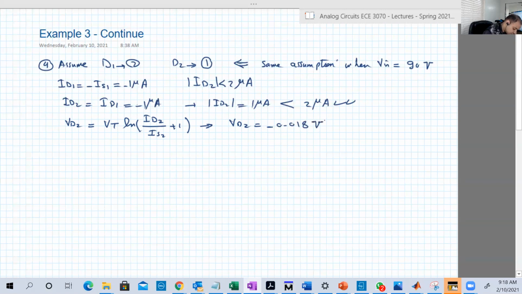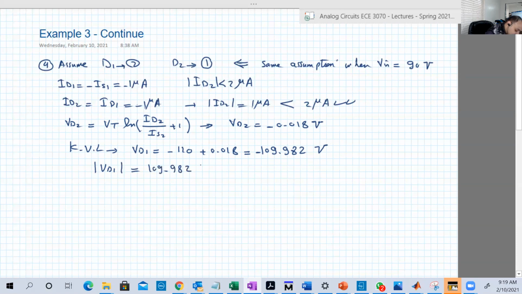Okay. Then from KVL, VD1 is equal to minus 110 plus, just work it out yourself. Okay, it will be minus 109.982 volt. And this is basically incorrect, because as a magnitude now, VD1 is 109.982.